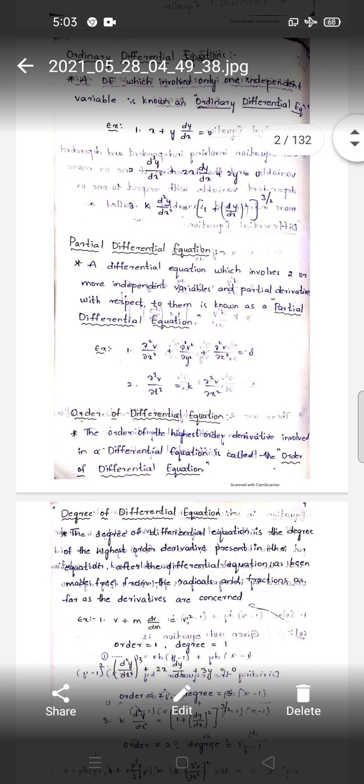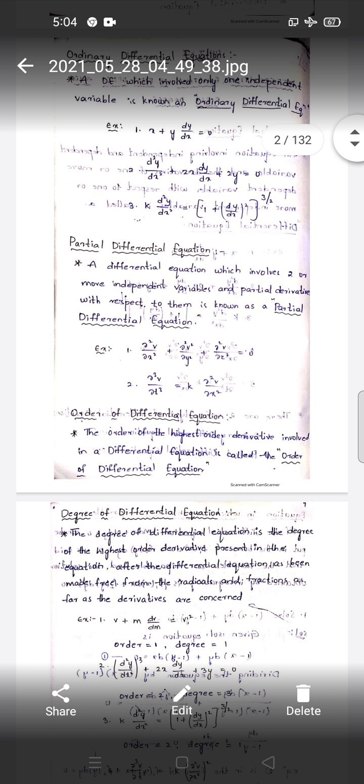In a partial differential equation, two or more independent variables are involved.